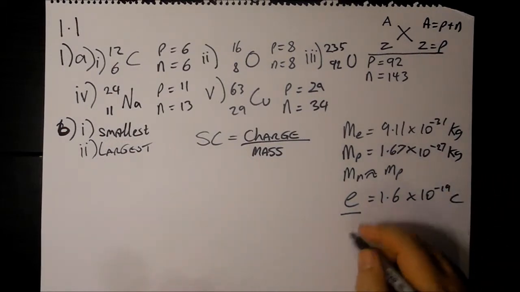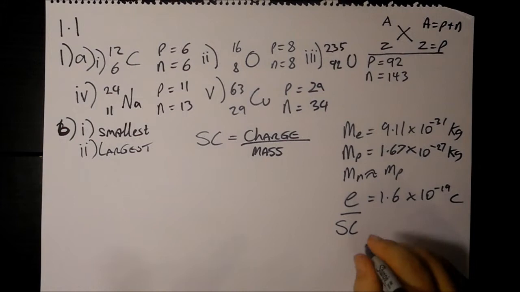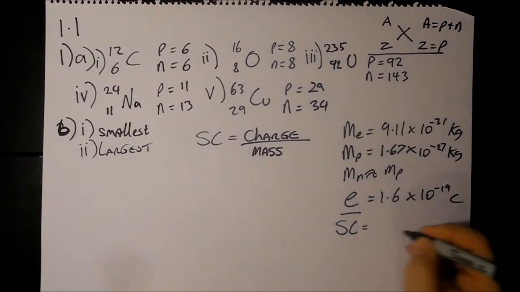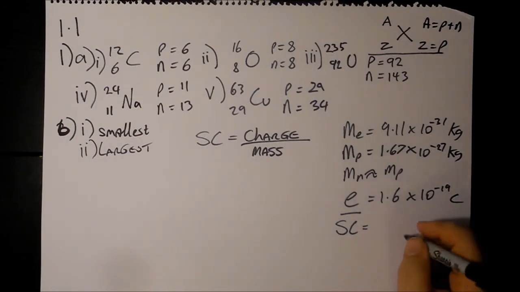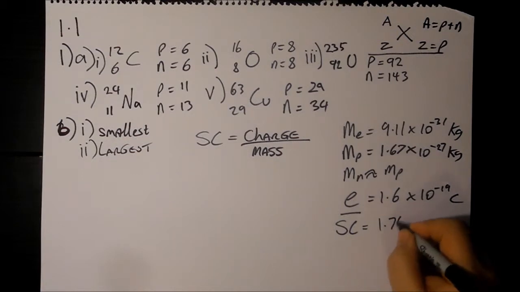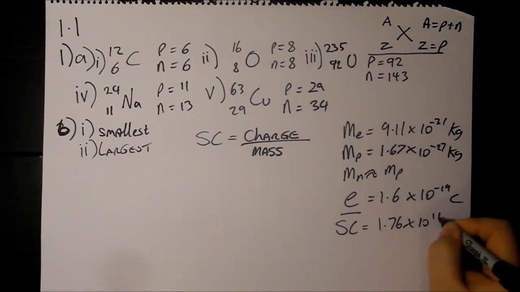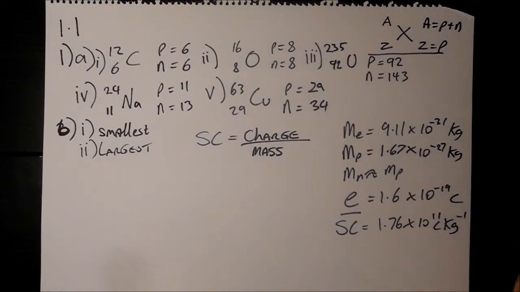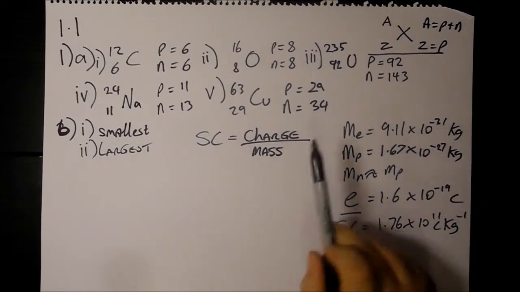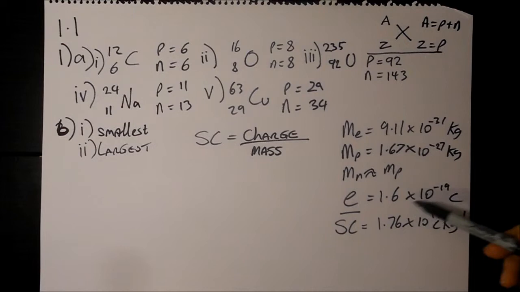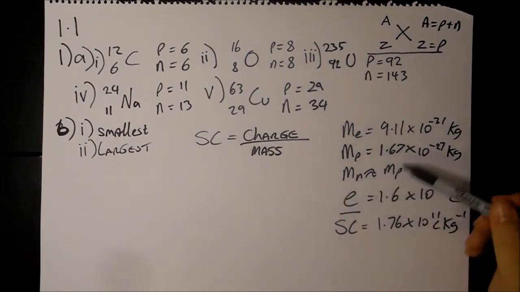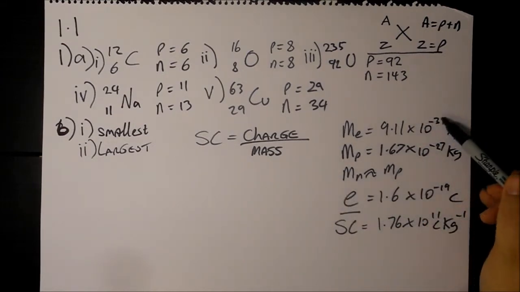The specific charge on an electron, if you have an electron on its own, is the highest value you can get, and that's 1.76 times 10 to the 11 coulombs per kilogram. Now that makes sense because the electron has the same charge as a proton, but a much, much smaller mass.